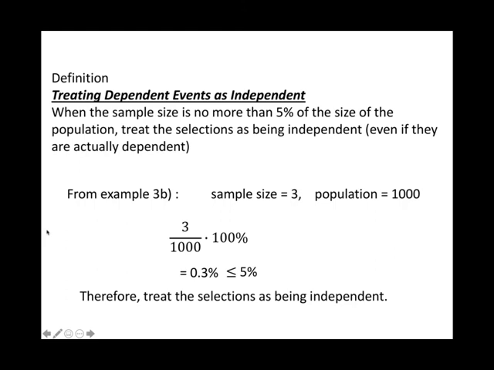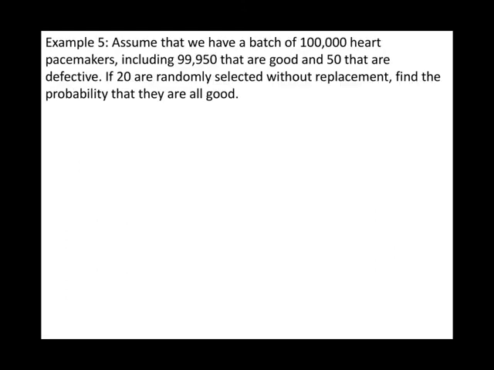Let's try one more example. Assume that we have a batch of 100,000 heart pacemakers, including 99,950 that are good and 50 that are defective. If 20 are randomly selected without replacement, find the probability that they are all good. So first, we have the sample size 20, and the population is 100,000.